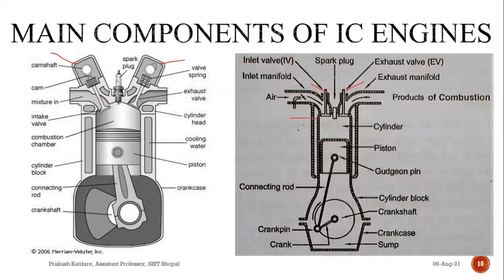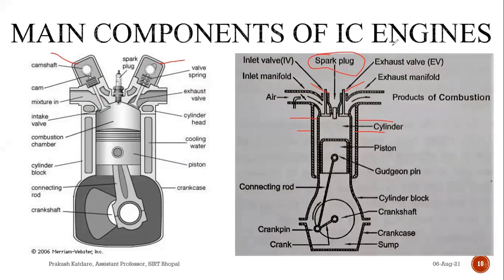They can be on the side of the engine cylinder also. And they are basically responsible for the charge which is coming into the cylinder and for the discharge of product of combustion.